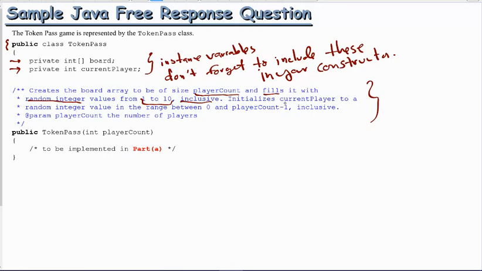Then it initializes the current player variable to a random number, again, not random integer, whose value is between 0 and player count minus 1, inclusive again. And the parameter here is the player count, so how many players are playing the game. So our token pass class will be part A of the question.